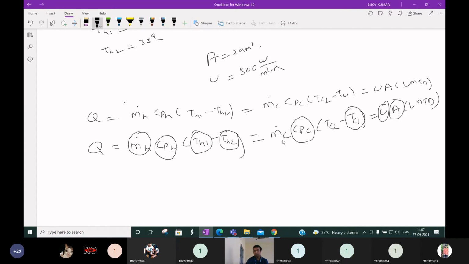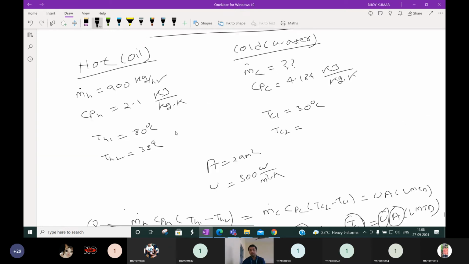How to calculate m dot c? All the things are known to us. The Q we can calculate. Q is nothing but m dot h, that is 900 kg per hour, into Cpc 2.1 kilojoule per kg Kelvin, and the temperature difference. Can you convert it to Kelvin scale? Because here the temperature is in Kelvin, so we have to convert into Kelvin scale.